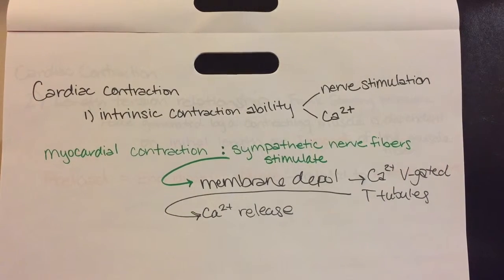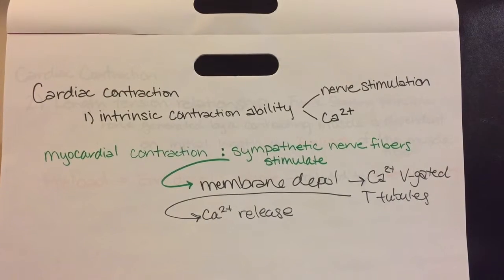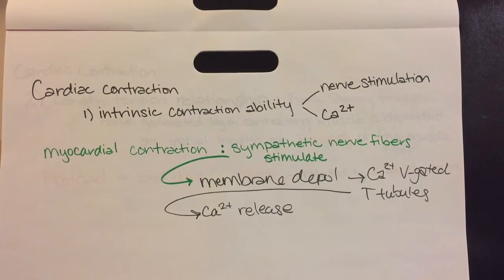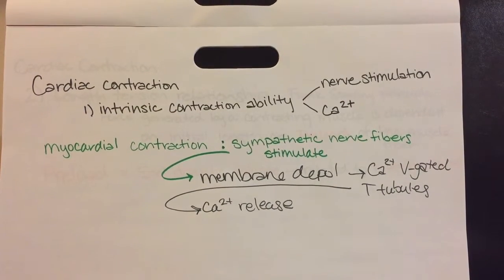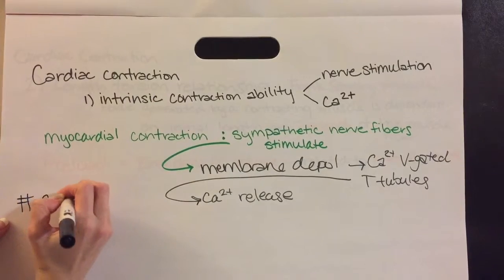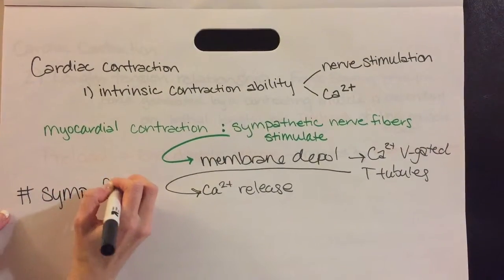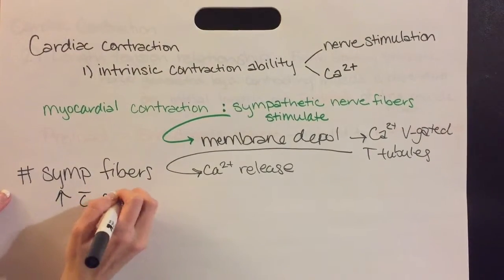The second component, the important physiologic item of note here is that in children, the number of sympathetic fibers increase with increasing age.